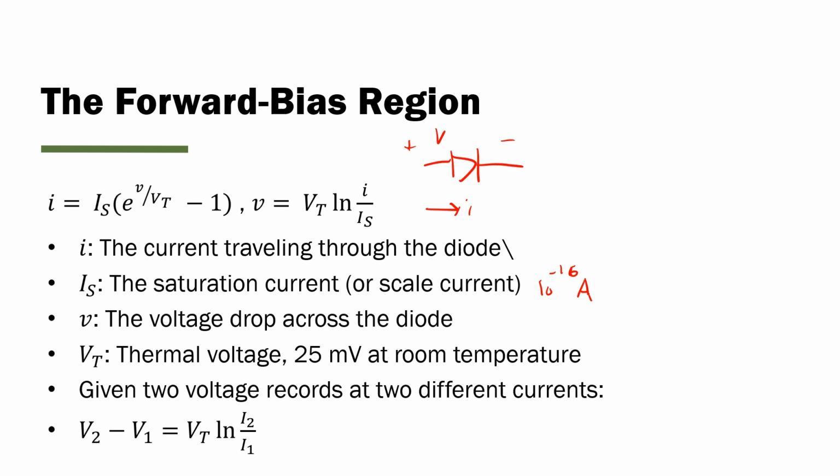You can change this formula around to solve for the voltage across a diode by V equals V sub T times the natural log of the current divided by the saturation current. This is another formula you may use. If you have two voltage records at two different currents across the diode, you can solve for the change in voltage.